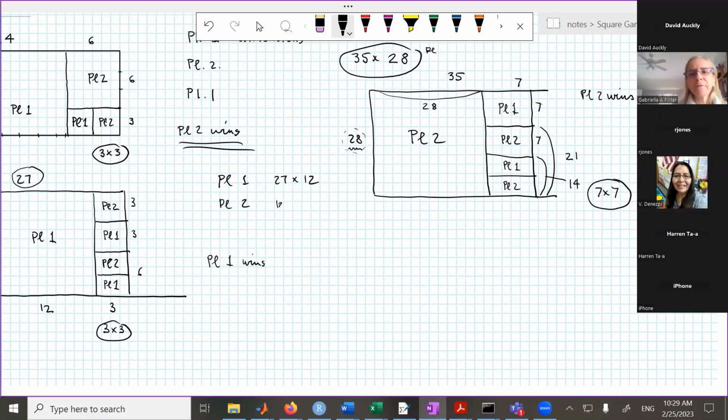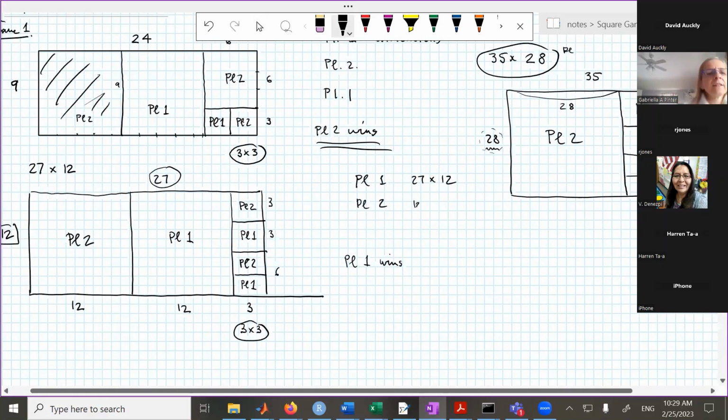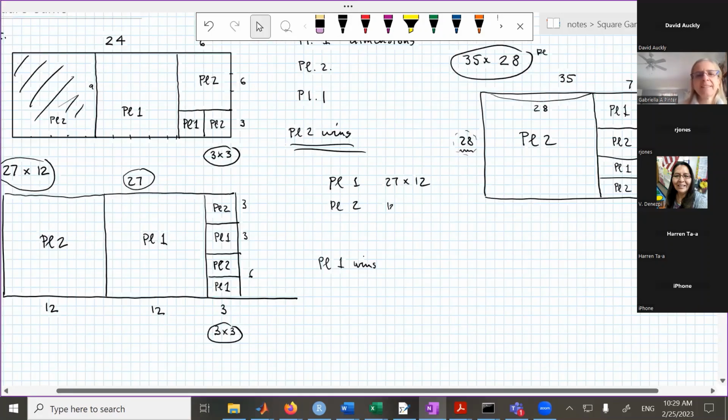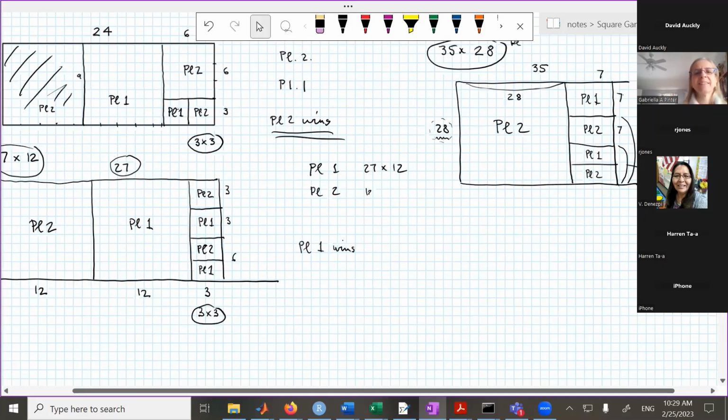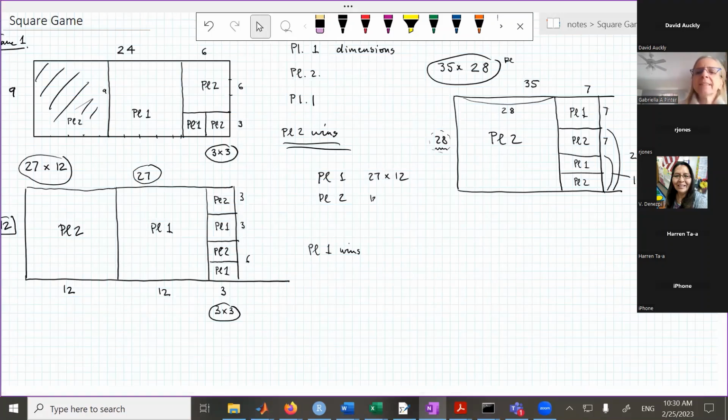So if you think about these 3 games, the starting dimensions and what we got in the end, is there any kind of pattern that jumps out at you? We had 9 and 24.